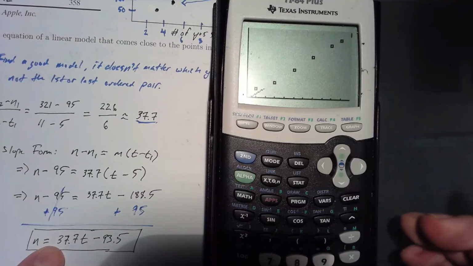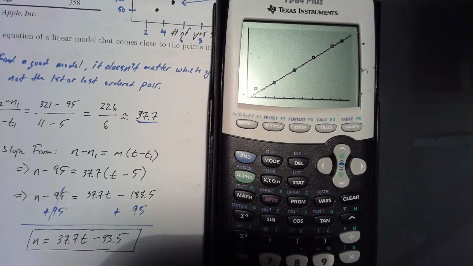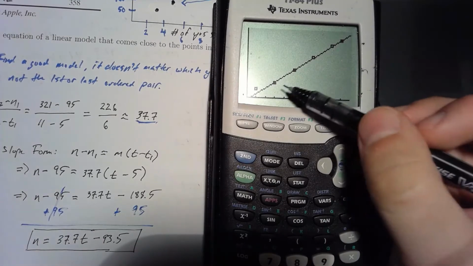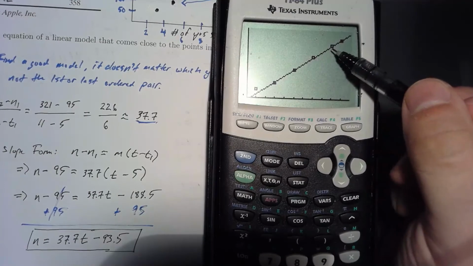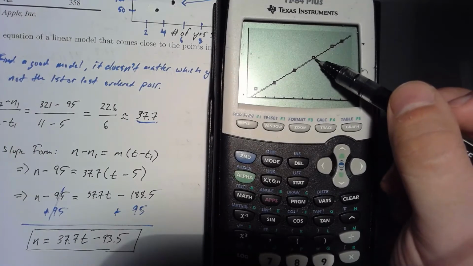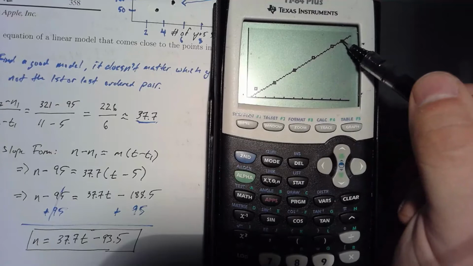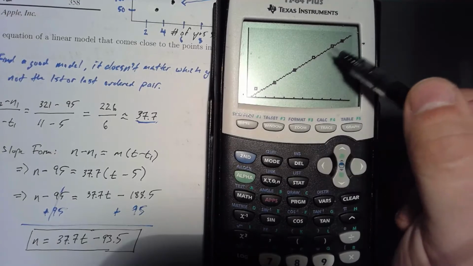Then go to graph. There's my scatter plot with the line that I just found. You can see how this line goes through the second and fifth ordered pair, and it comes close to the other ordered pairs pretty closely. So yeah, that's a pretty good model.